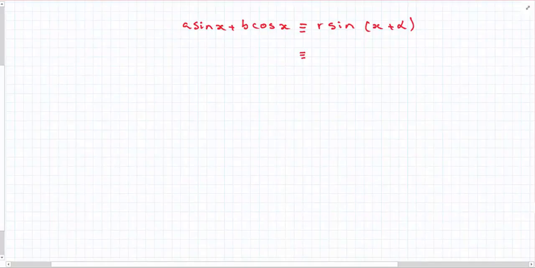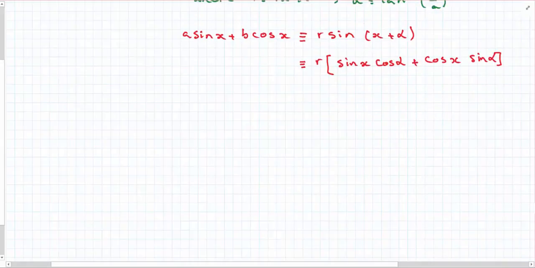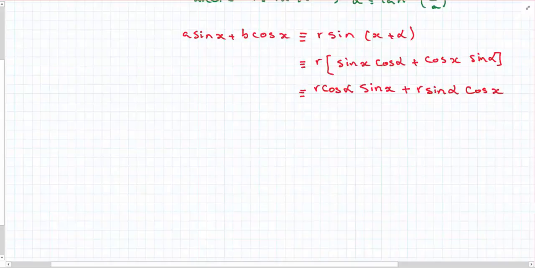I'm going to work on the right hand side and expand that. So I have r, expanding sine gives me sine x cos alpha plus cos x sine alpha. That can be rearranged slightly to read r cos alpha sine x plus r sine alpha cos x.